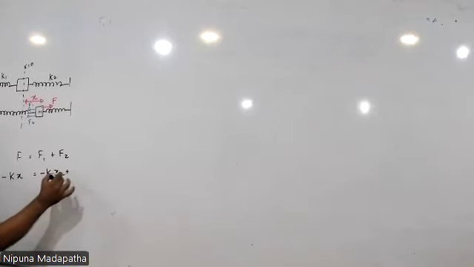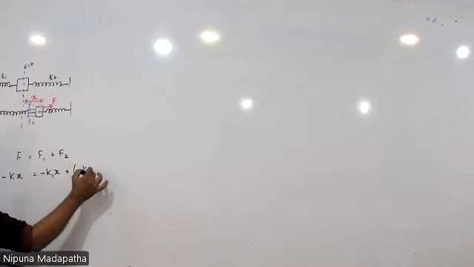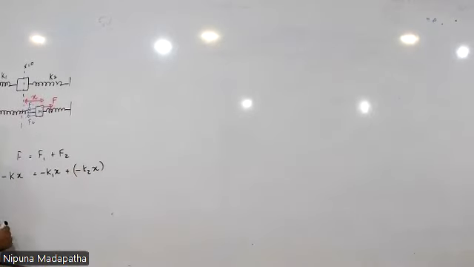F2 is minus K2 times x, because compression is also x. So this x will cancel, negative signs cancel, and the equivalent spring constant is given by K1 plus K2.